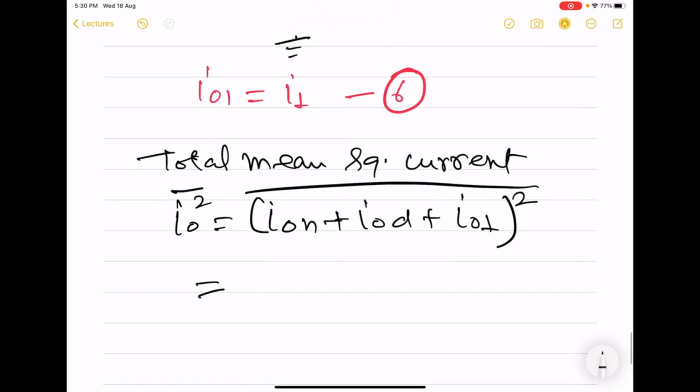Again, all these three noise sources are physically independent entities. So these are going to be uncorrelated, and their combined mean square is simply going to be the sum of individual mean squares.